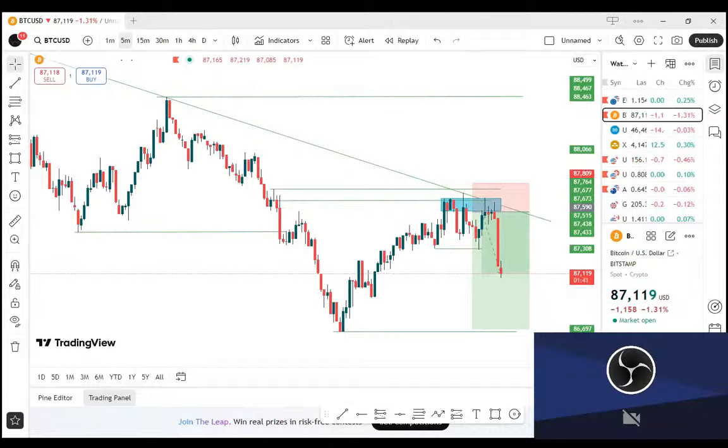There's a huge Marubozu candlestick telling us that the sellers are trying to dominate the market.